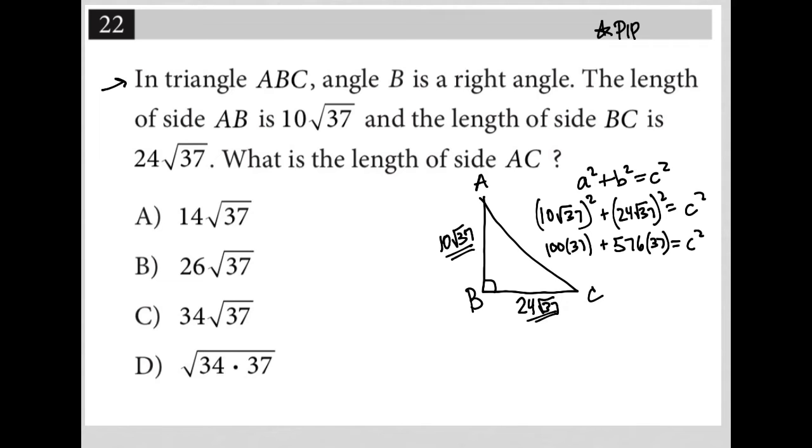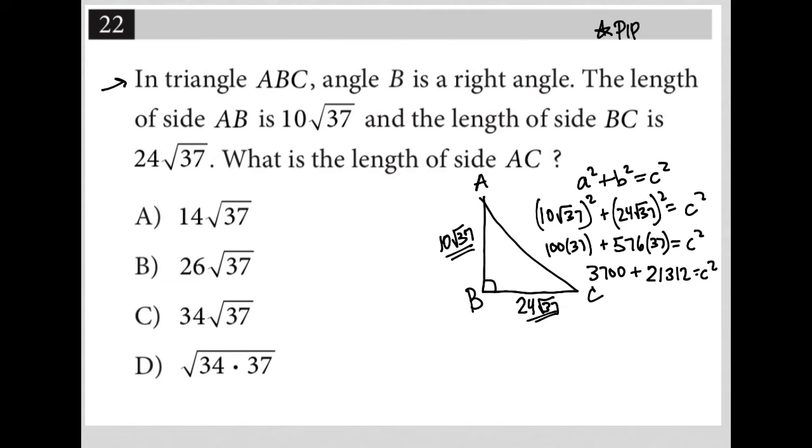So 100 times 37 is 3,700, plus 576 times 37 is 21,312, so 21,312 equals c squared.